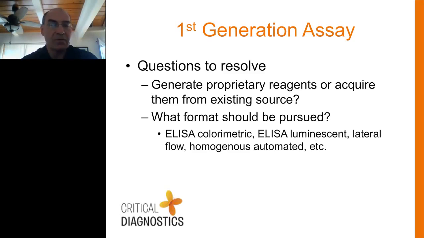Colorimetric is particularly easy. It's widespread. It doesn't require any unique instrument systems, no equipment, but it has relatively modest sensitivity. Luminescence is a much more sensitive, much more precise technique, but needs more specialized equipment.